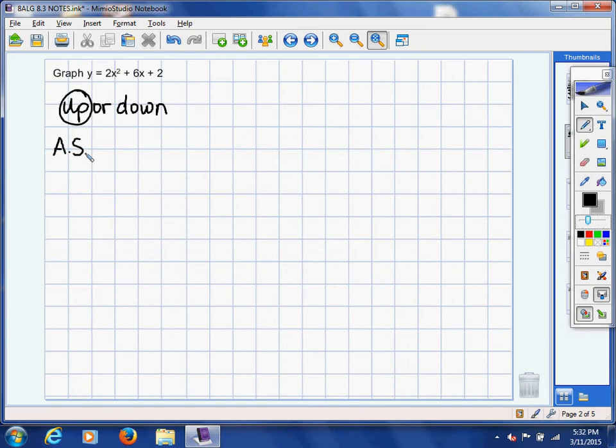In order to do that, I have to take A, which is 2, and B, which is 6, and plug it into this very simple formula, the opposite of B over 2A. Well, the opposite of 6 is -6, and 2 times 2 is 4. And -6 divided by 4 is -1.5.